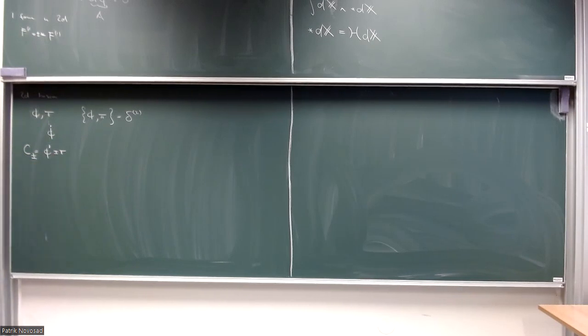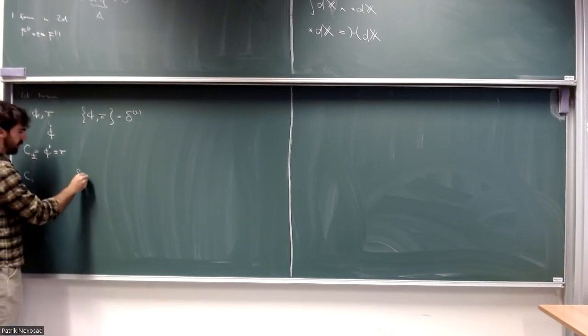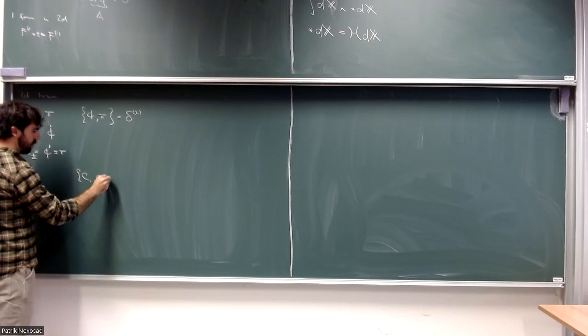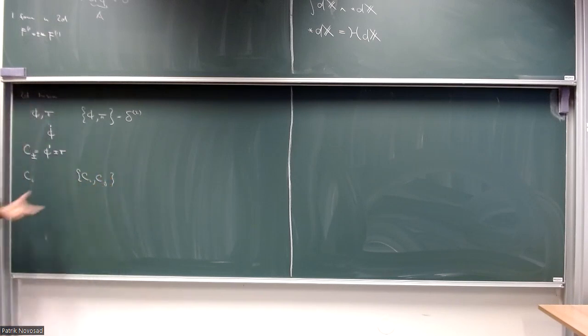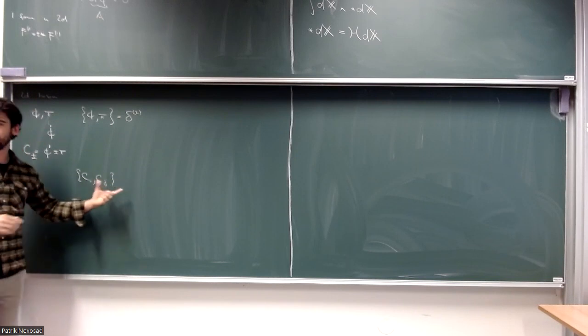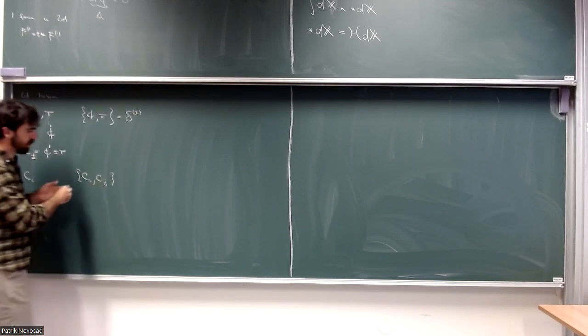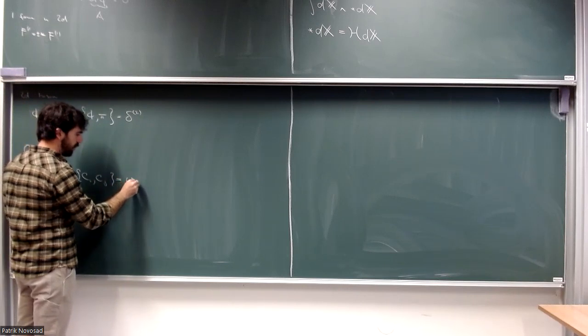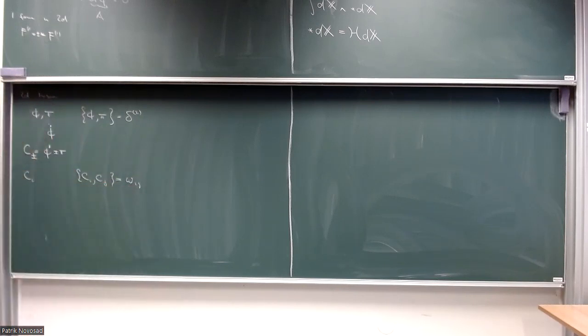Okay, but yeah, so what does it mean for a constraint to be first class or second class? First class is basically when you have a bunch of constraints, C_I, and if you calculate all their brackets among themselves, if this vanishes on the constraint surface, it's first class, right? If on the other hand, generally there will be some matrix there, like here, if that is invertible, then we call them second class.